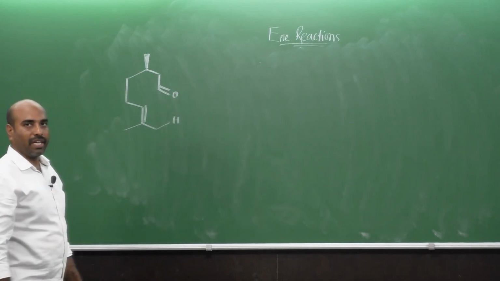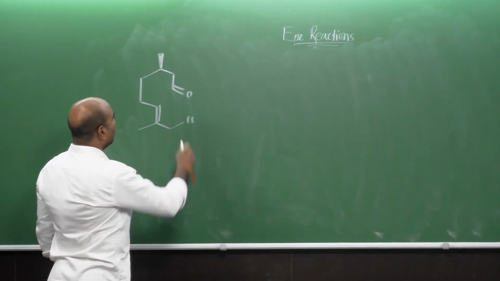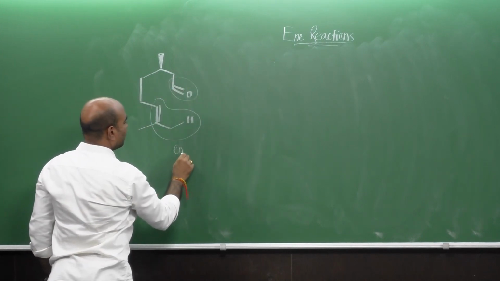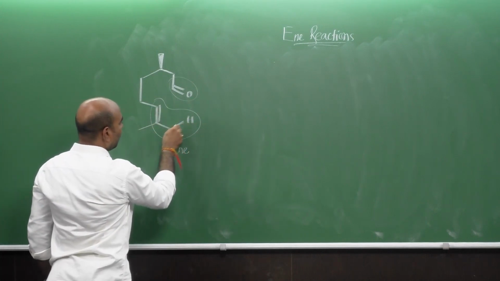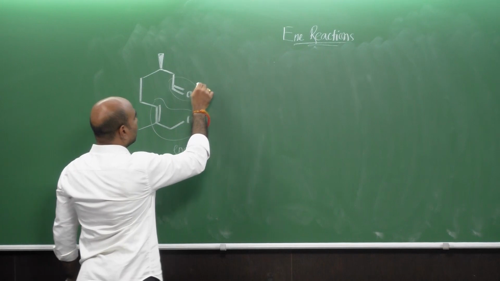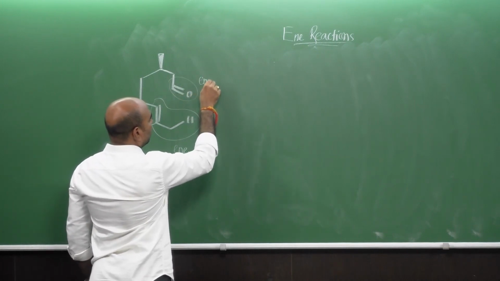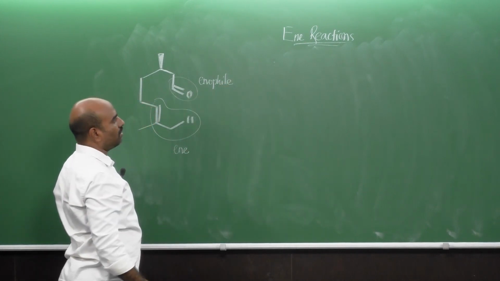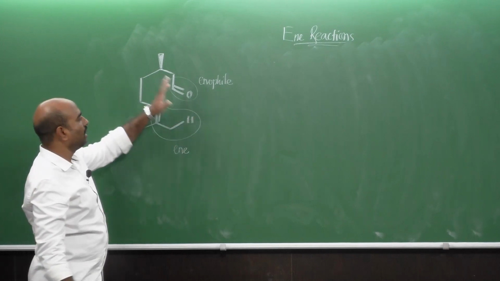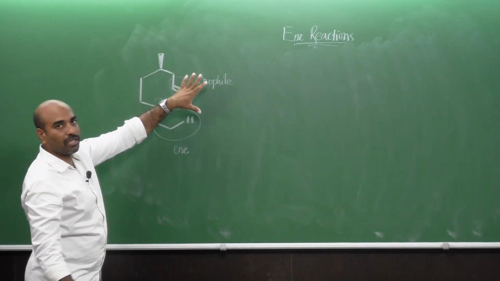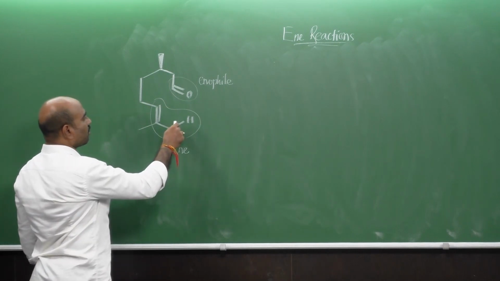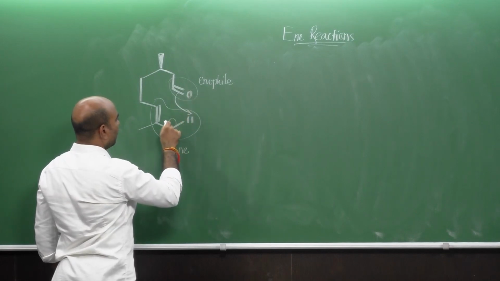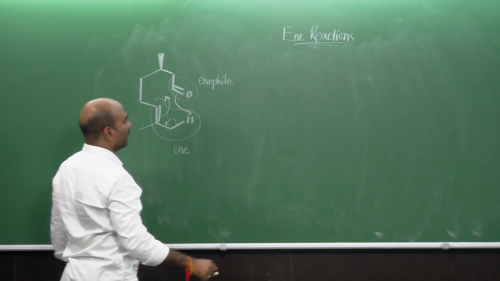Look at this molecule, you could see both the ene component and the enophile component. This is the ene component, right, a double bond with an allylic hydrogen, and this is the enophile component with a heteroatom. Therefore, the entire reaction is a hetero-ene reaction and also an intramolecular ene reaction. What is going to happen here? This is abstracting the hydrogen, transfer of hydrogen is taking place, and then a new sigma bond is formed here.